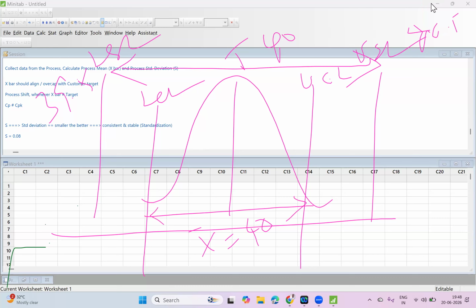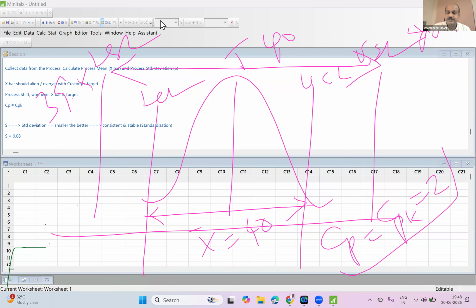So in this condition, if you calculate your CP and CPK, first of all, they will be equal. Why are they equal? Because your process mean is not shifted. Mean is on the target. And you will get double the value. When you consume 100% of the tolerance, your CP/CPK is 1.